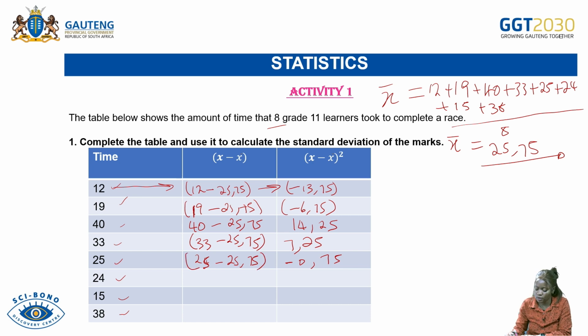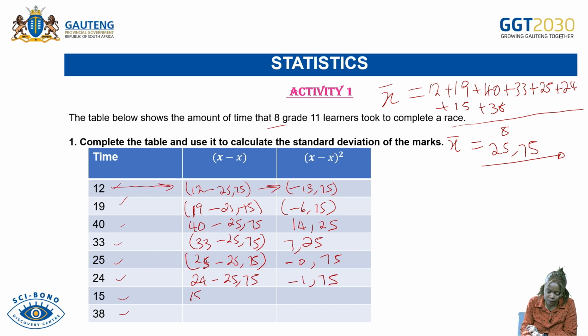Okay, you move to 24 minus 25.75, and you get negative 1.75.